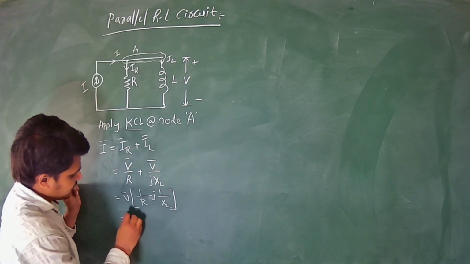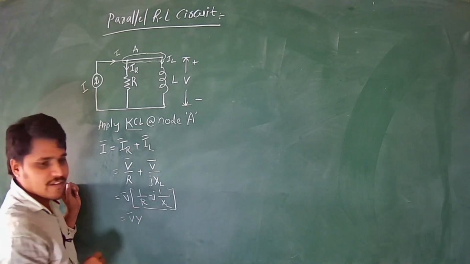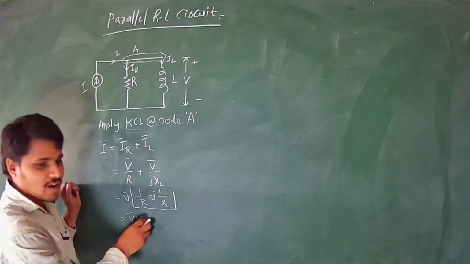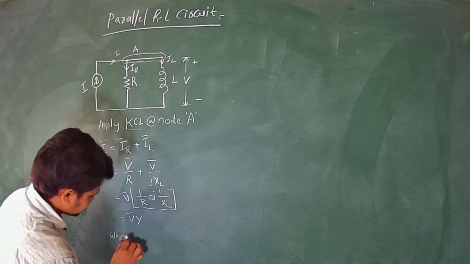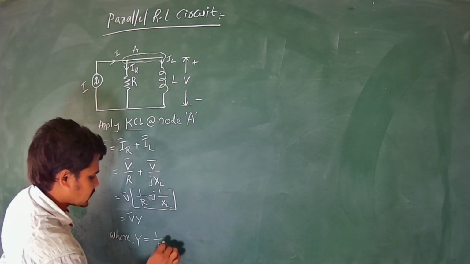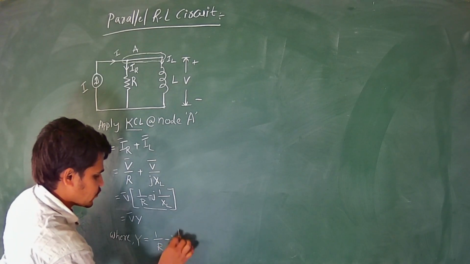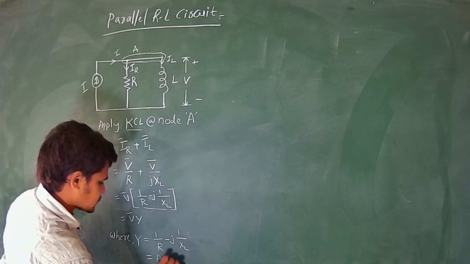Therefore this entire term can be written as a parameter called Y, where Y equals 1 by R minus j 1 by XL. This is called admittance.